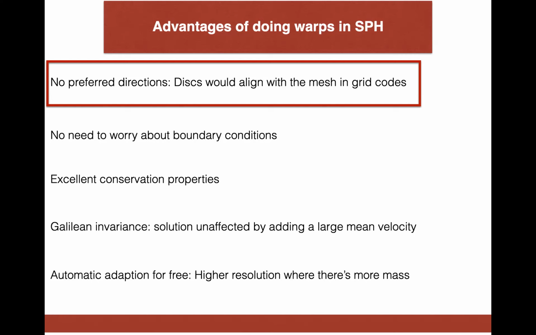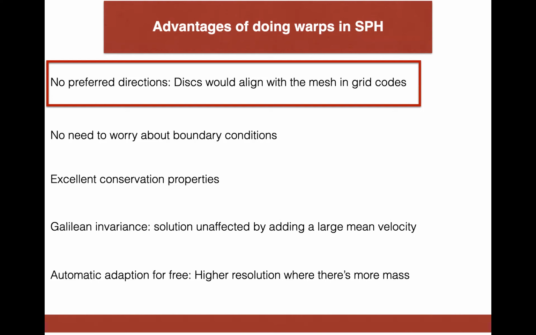Some of the arguments for SPH versus grid codes are that for SPH you don't have any preferred dimensions. So if you have a warped disk, it doesn't want to align with your grid direction. You don't need to worry about any boundary conditions with SPH, any waves reflecting off the inner or outer boundary. Excellent conservation properties, certainly if you use global timesteps, but also if you use individual timesteps.